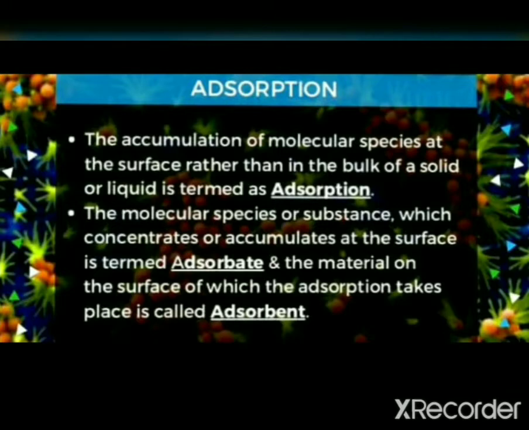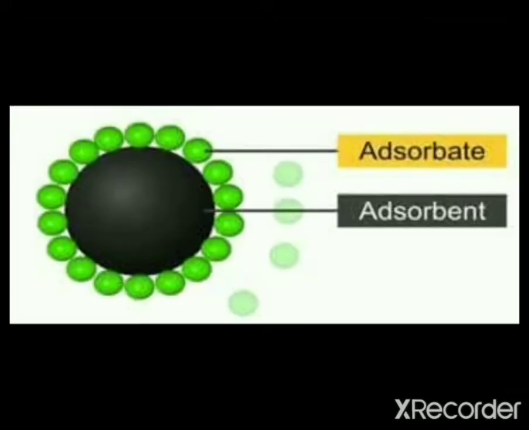So these are the two terms associated with adsorption. One is adsorbate, the substance which gets adsorbed, and the other is adsorbent, the material on the surface of which adsorption takes place. This figure helps you to distinguish between adsorbent and adsorbate.